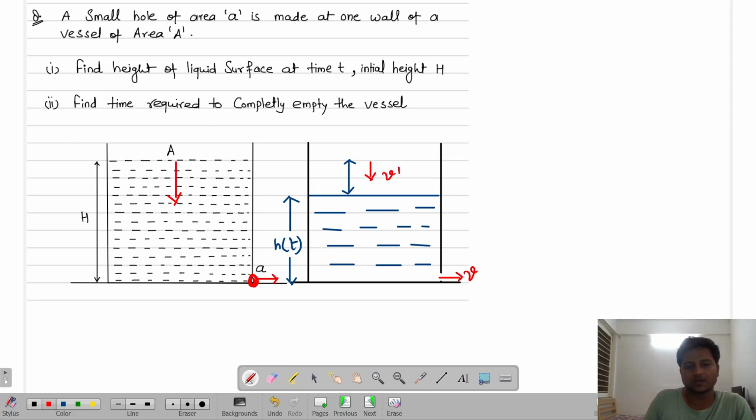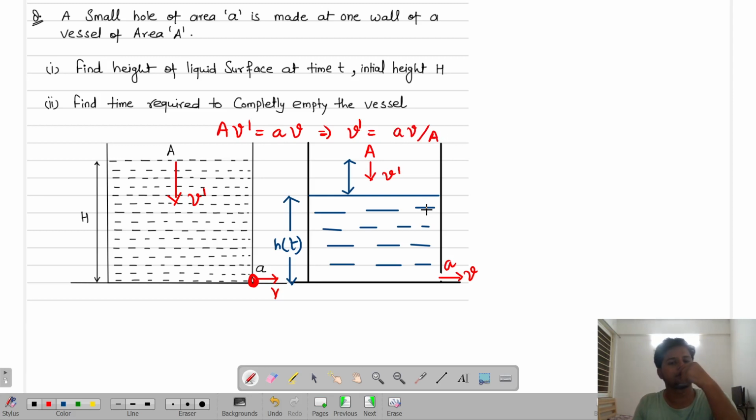If this is area small a, and this is area capital A, I can apply the equation of continuity that A into V dash is equal to a into V. So you got the relation for V dash, which is a V by capital A.